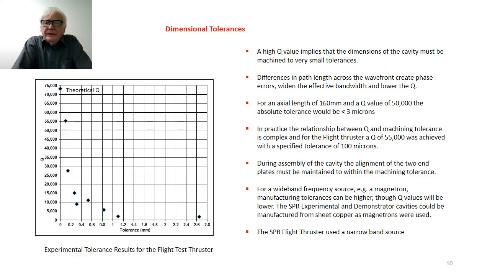So the other thing that we mentioned that happens is as you increase the tolerance of the machining, the Q will go down, but the frequency tolerance from the source goes up, and we can in fact use a rather wider band frequency source to good effect, even though we have rather lower manufacturing tolerances.